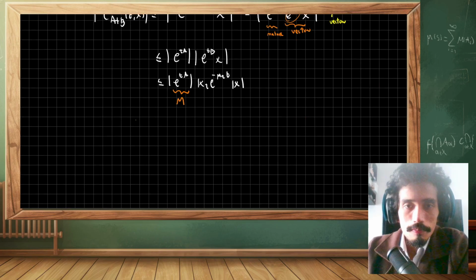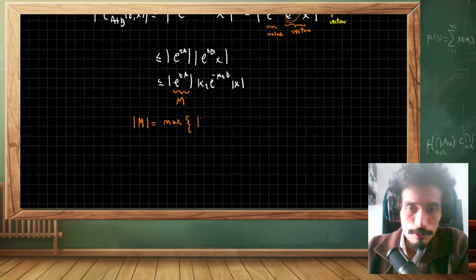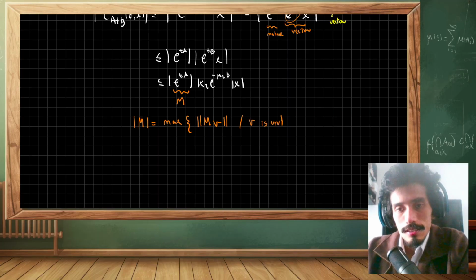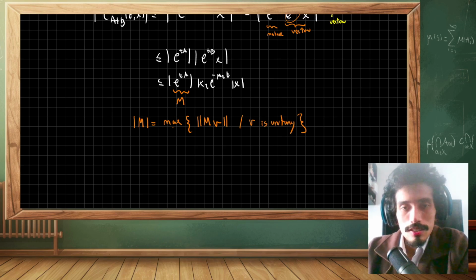And now the definition of the norm of a matrix, let's say this is a matrix M. The norm of M is defined as the maximum of the vector norm of M times a vector V, such that V is unitary. So since this is a maximum, there exists a vector V0 such that this norm is equal to M times this V0.